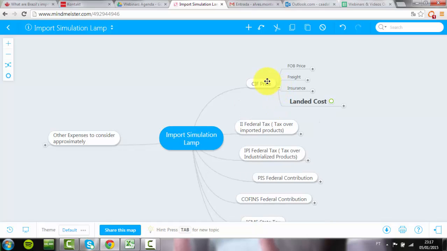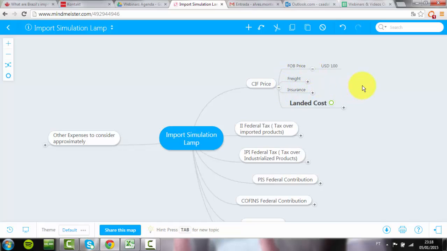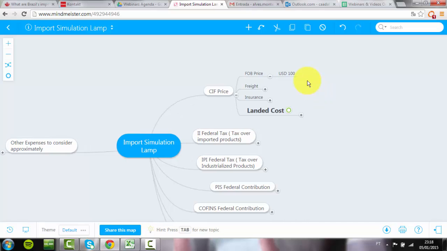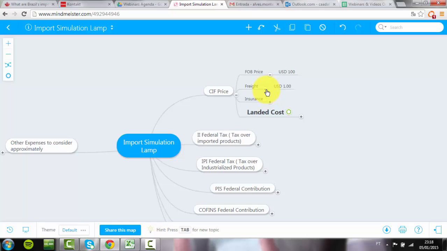First you have your CIF price, which consists of your FOB price, your freight cost, and your insurance cost. For this lamp, I'm using a figure of $100, so you can understand the landed cost of a lamp when it arrives in Brazil.